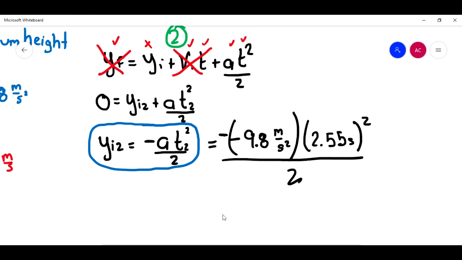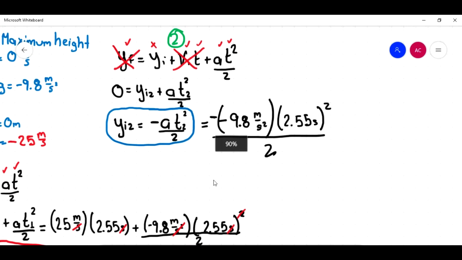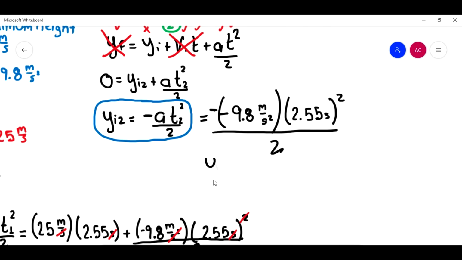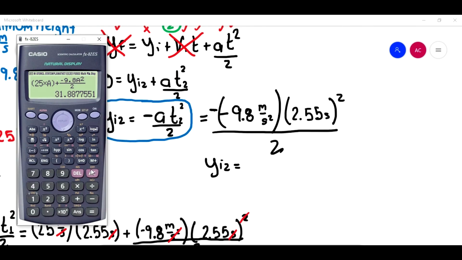So let's do it in the calculator to see the answer, initial position of segment number 2. Fraction, negative, parenthesis, negative 9.8 times the value that I got in A squared over 2. And if you see, we got the same answer.